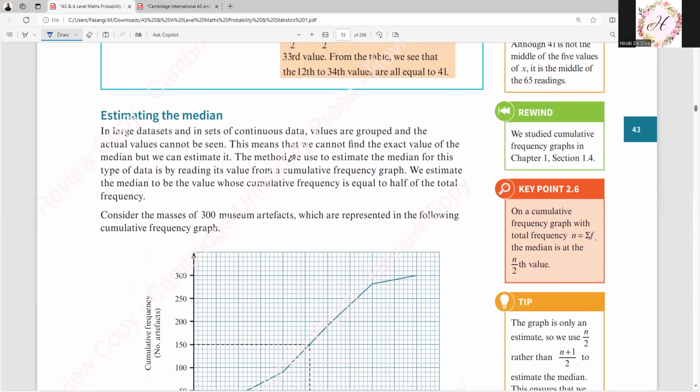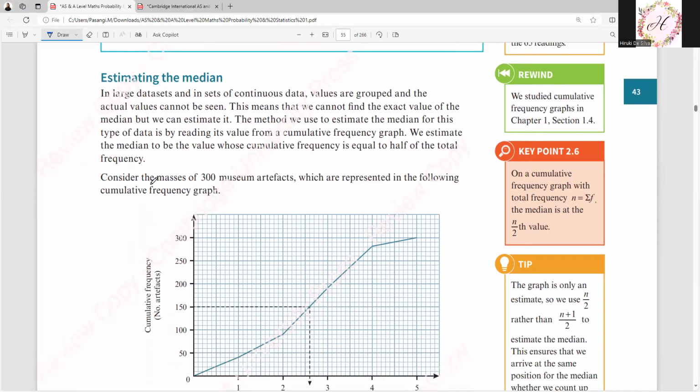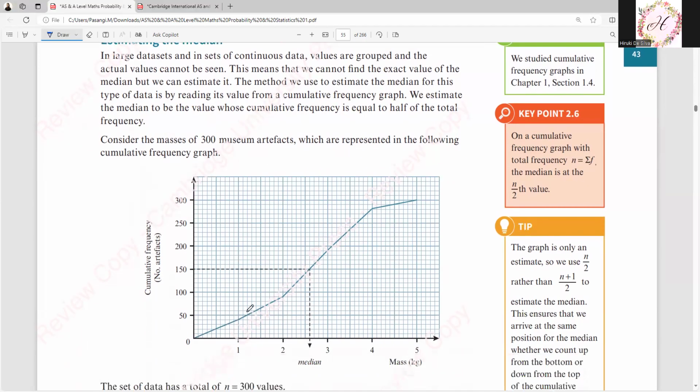So the method we use to estimate the median for this type of data is by reading its value from a cumulative frequency graph. We estimate the median to be the value whose cumulative frequency is equal to half of the total frequency. If we consider the masses of 300 museum artifacts, then half of it is 150. So the value at 150 is what we need to read.